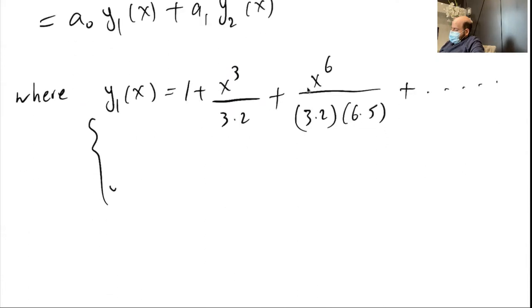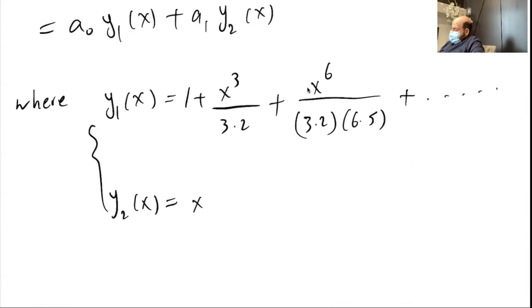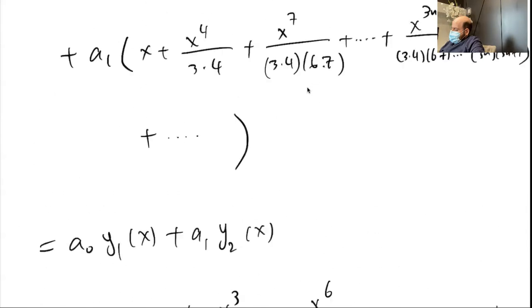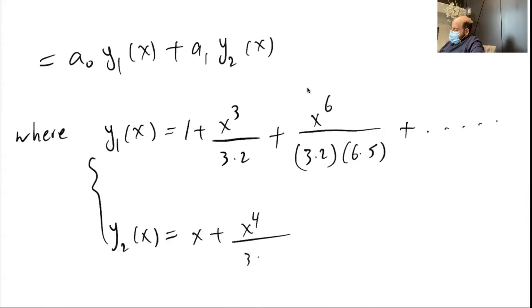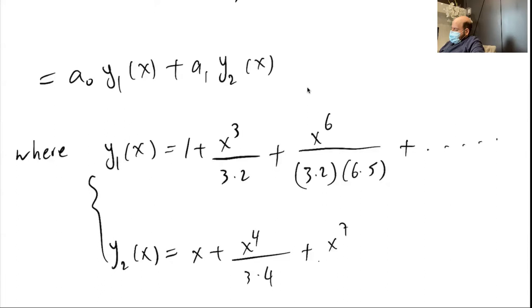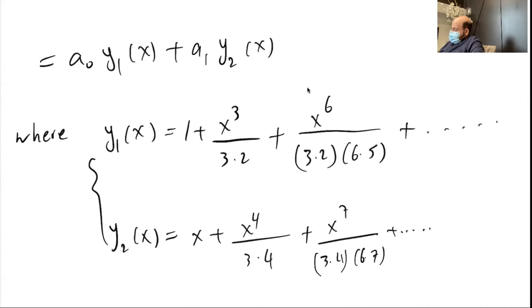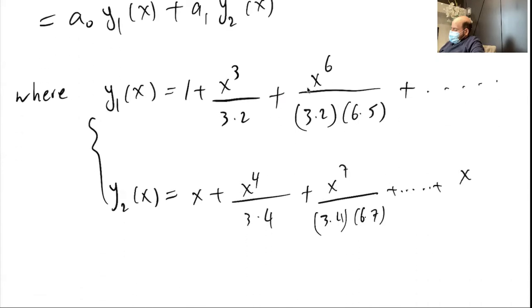And y2 of x is x plus x to the power 4 over 3 times 4, plus x to the power 7 over 3 times 4, 6 times 7, and then x to the power 3n plus 1 over 3, 4, 6, 7, up to 3n times 3n plus 1.